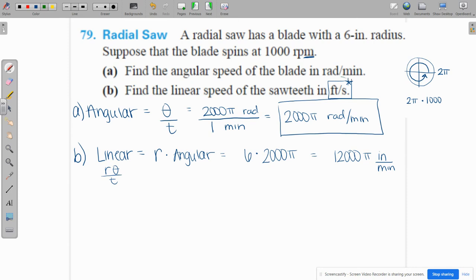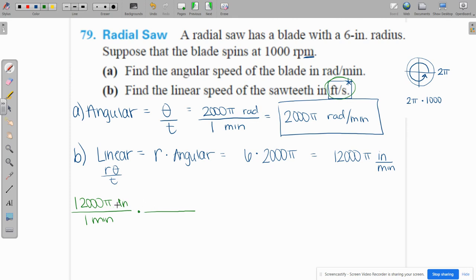So if we want feet per second, this is where we're going to use our dimensional analysis. So we can take what we have, which was 12,000 pi inches per 1 minute. And now we need to multiply by a unit rate to help me convert inches into feet and then minutes into seconds.